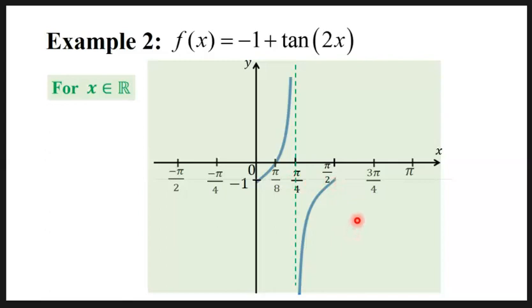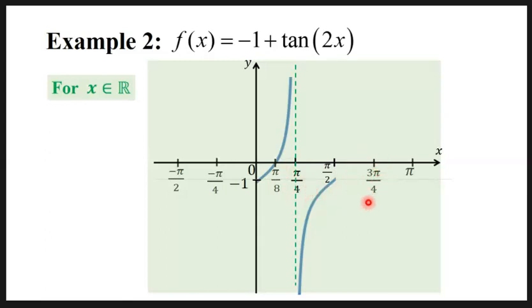Now we go on with the graph sketching, and by right, besides the vertical asymptote at pi over 4, we find out that we're going to have a vertical asymptote at the location of 3 pi over 4, where if we take this foundation vertical asymptote, we add the period value, which in this case is pi over 2.